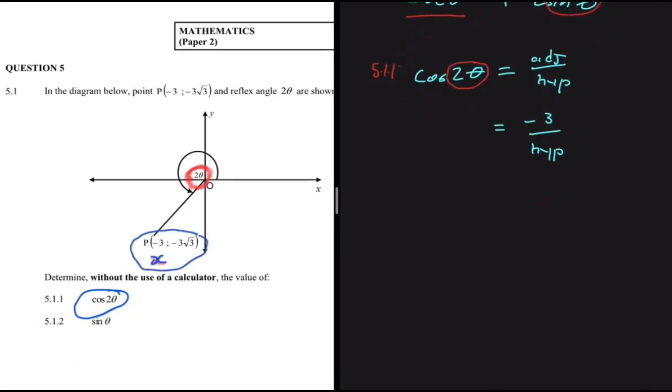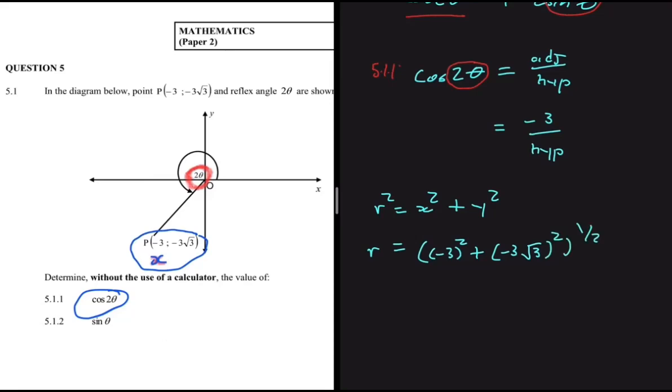So we can say our hypotenuse, r squared, will be equal to x squared plus y squared. So r should be equal to, what is x? X is minus 3, so we have minus 3 squared plus minus 3 square root of 3 squared, everything to the power of a half, right?